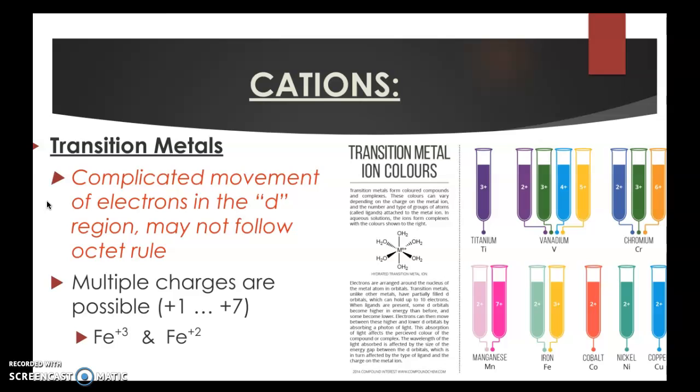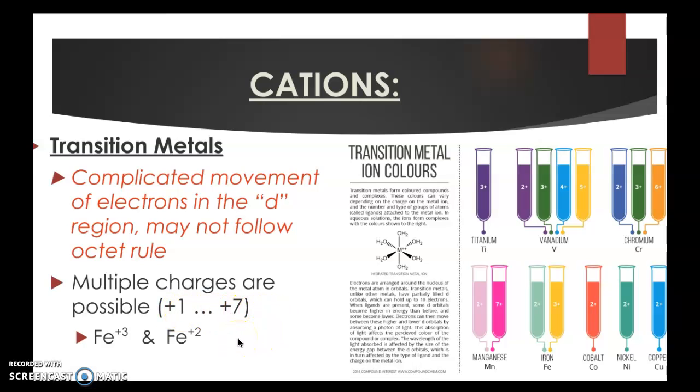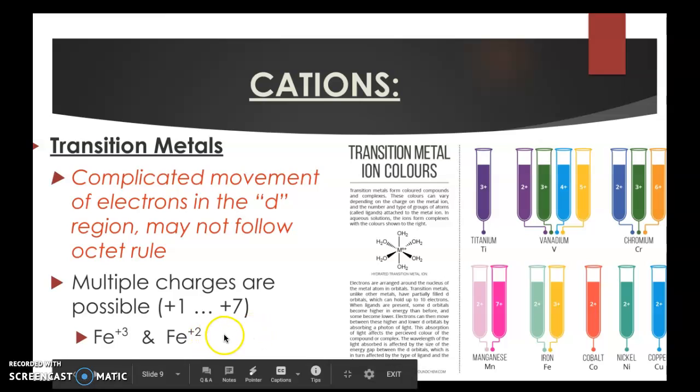So like I said, they don't have a set rule that we need to know. They can form a lot of different charges, anywhere from +1 up to +7. And for most of the elements in the transition metals, they can form multiple charges. For example, iron can form a +3 or a +2 ion.